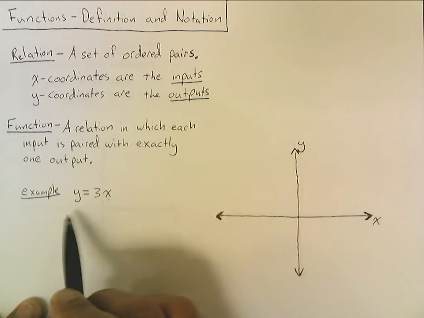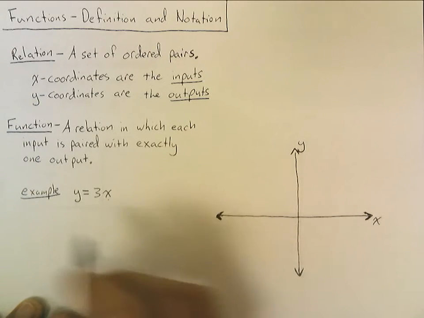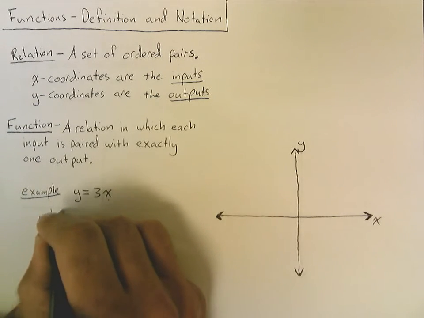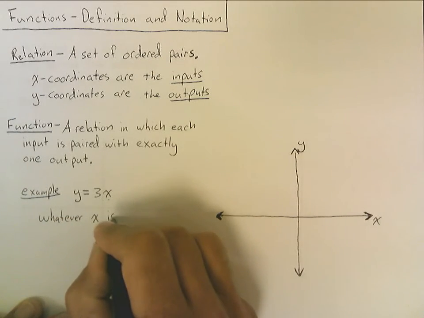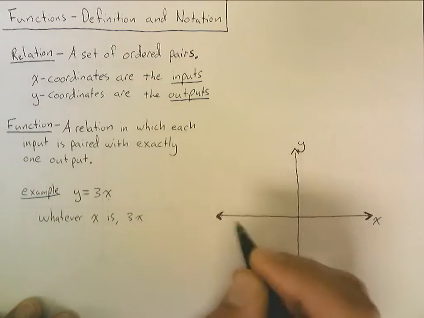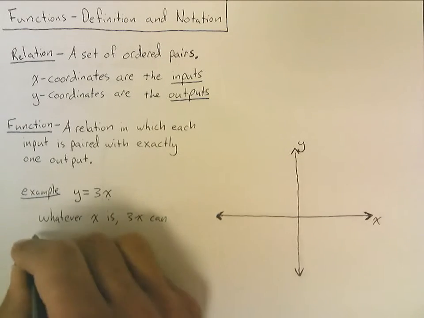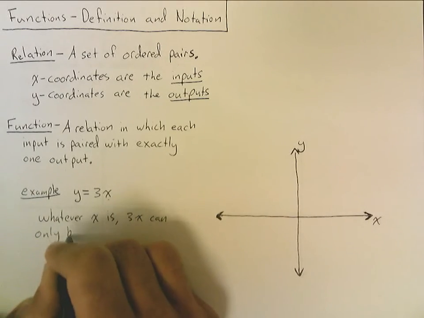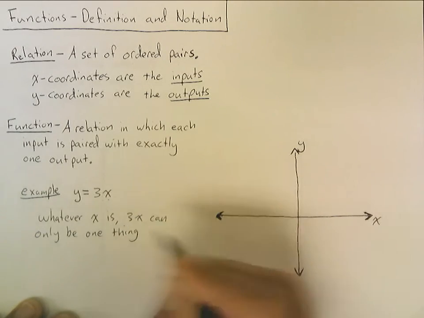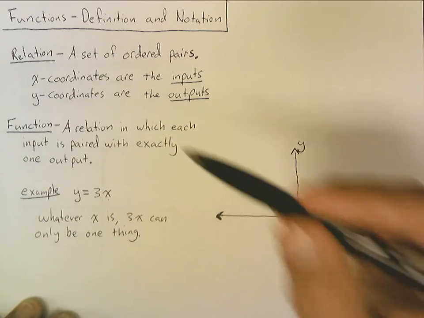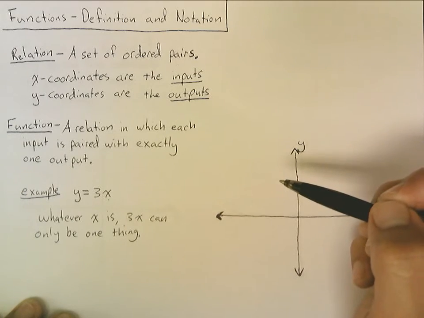We never get any confusion about that. So the big thing here is whatever x is, 3x can only be one thing. Therefore, it's a function. Okay?